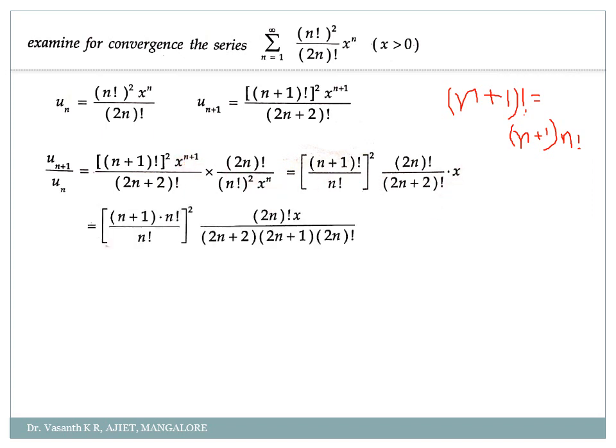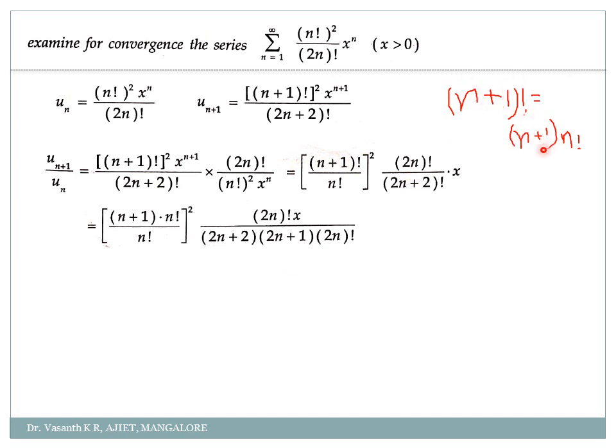Now what to do? See here, see the simplifications. This is what I was talking about. So n plus 2 into n factorial. I hope you know the property of factorials. I'll just write it here if you want.